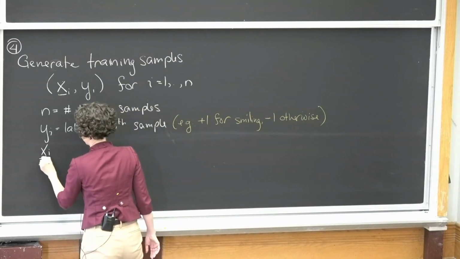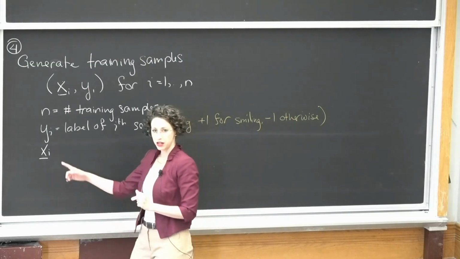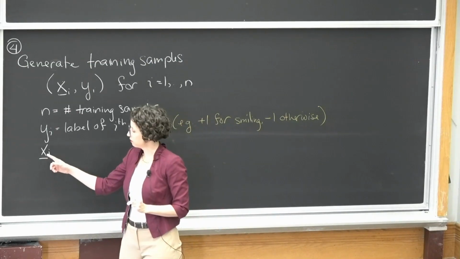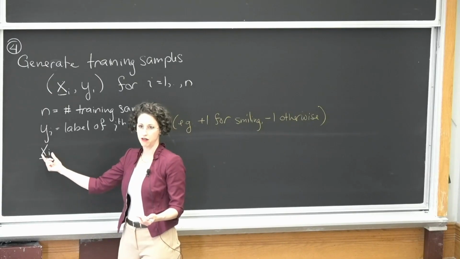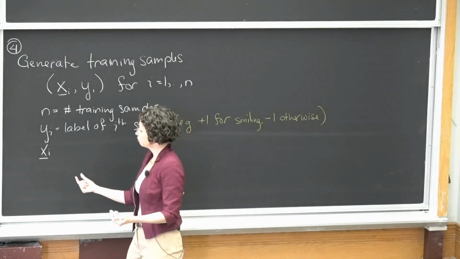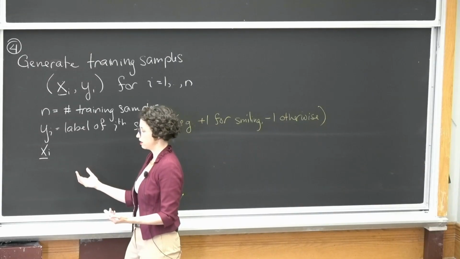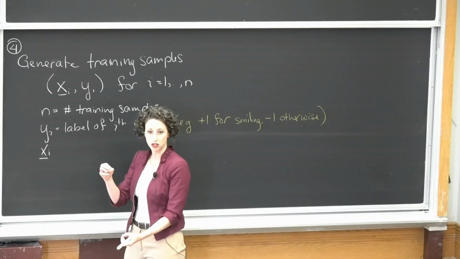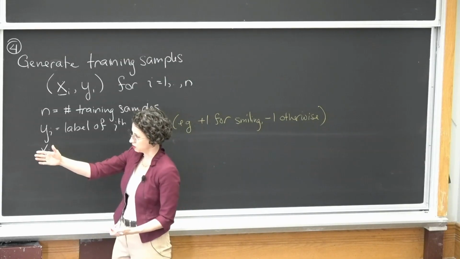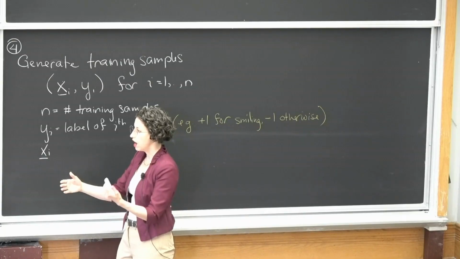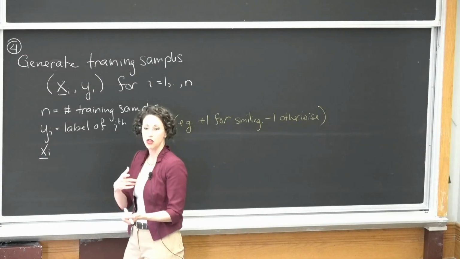Next, we have our feature vector xi. So I'm writing it like this with the underline under it. In the typed notes, this is going to have a bold font. And we do that to indicate that this is a vector. It's going to be a list of different feature values. So this could contain, for instance, the distance from the left eye to the mouth corner, the distance from the right eye to the mouth corner, and the width of the mouth.